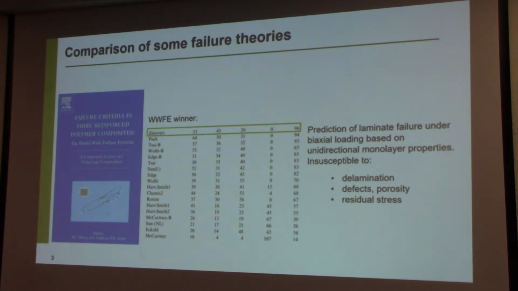Many theories were developed for analysis of composite materials, and once a group of researchers decided to make a competition between them, they conducted biaxial testing of composite materials and provided unidirectional data of composites for the analysis of these theories.